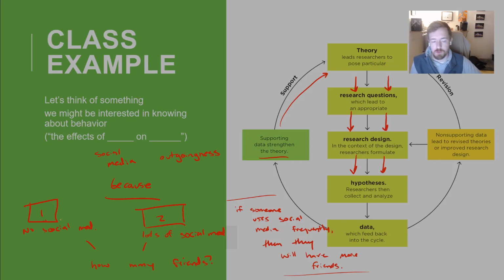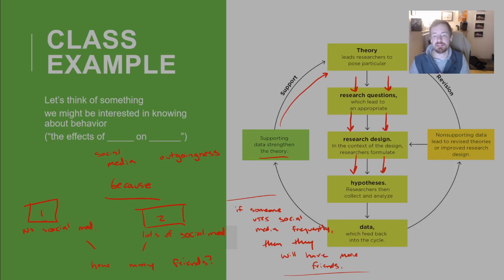Instead of having one group that's no social media and one group that's lots of social media, maybe we have one group that is TikTok and one group that is Instagram or Snapchat. And then we measure the same thing, how many friends. We get the data, and maybe it supports what we think, or maybe it doesn't. And either way, we can continue to refine this research process.